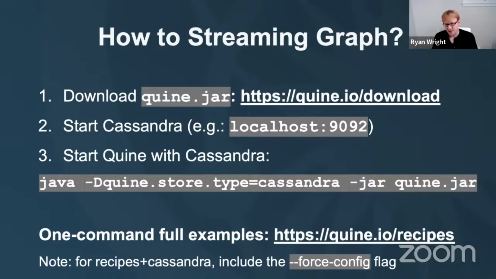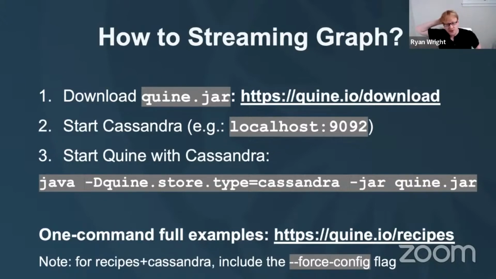You can plug it into your Cassandra instance for local testing, or change a few more configuration options and run it in production on a real live Cassandra cluster. So those step-by-step instructions will take you from start to finish. And as we said, there's a bunch of example recipes that live on the website that you can go poke at and play with and experience on your own.